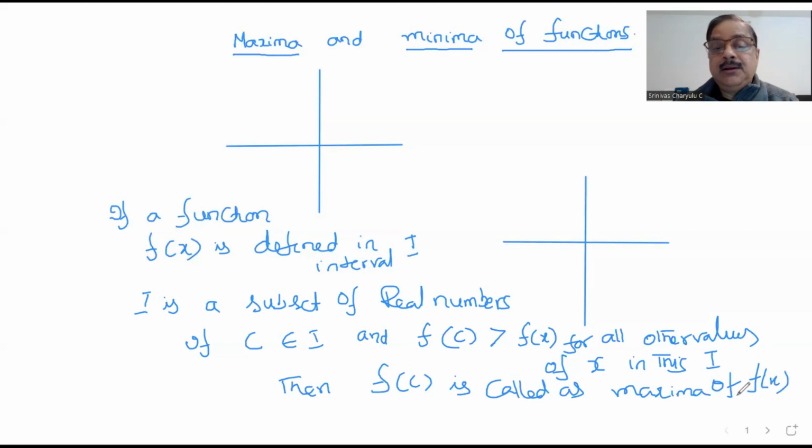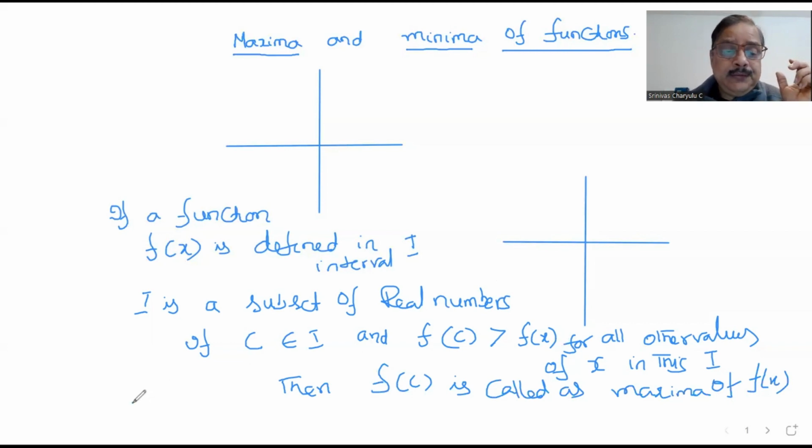Understood or not? What I did now is I defined a small interval in the total big real number system. In this interval, I defined the function. Now I wanted to take a point in this interval such that f of C is always greater than f of x for any other values other than this C in the interval.